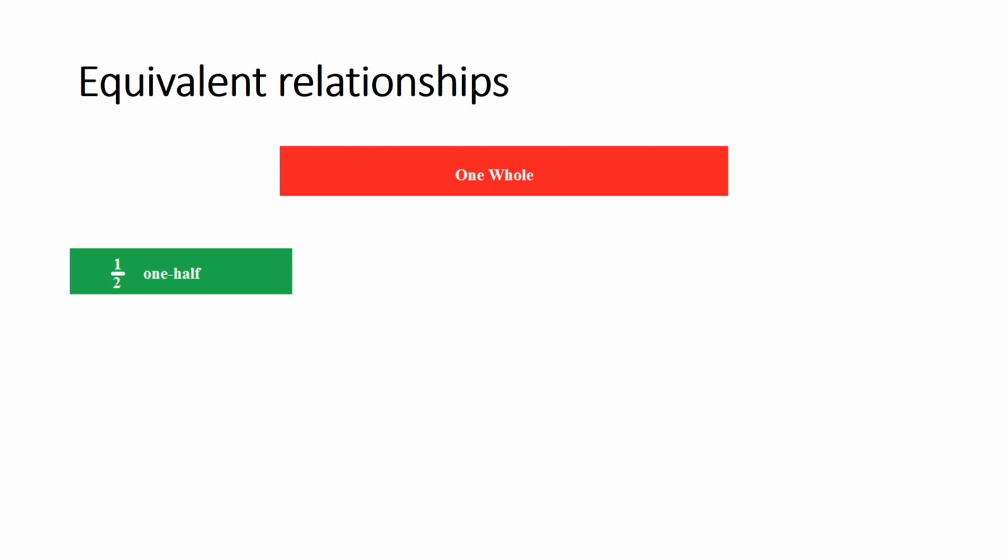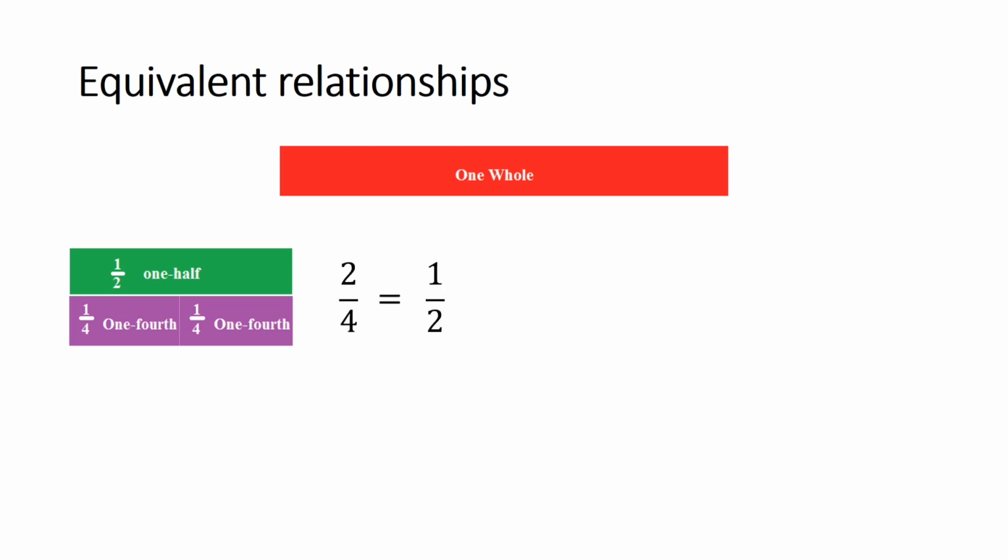The students will then, through trial and error and self-discovery, find out that 2/4 make a half. Teachers should then encourage the students to represent their findings symbolically. In this case, it's represented as 2/4 equal 1/2.